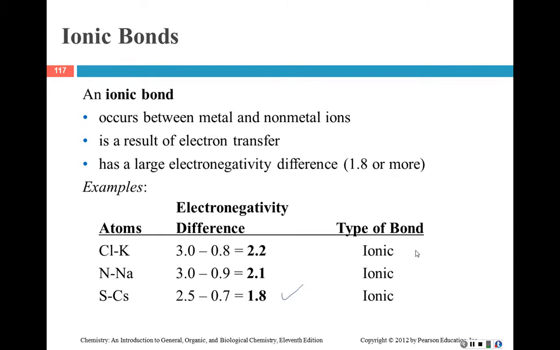That is, you get a complete separation. The differences in electronegativity are so great that the more electronegative element completely pulls that electron away from the less electronegative atom. And so you have that complete transfer of the electron between the metal and the nonmetal.